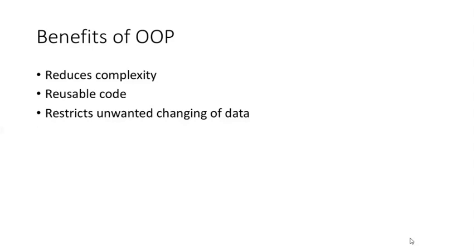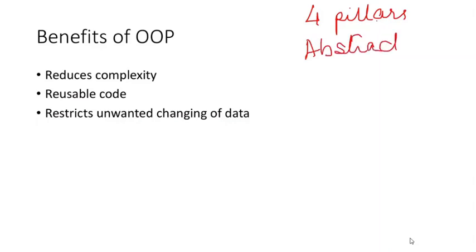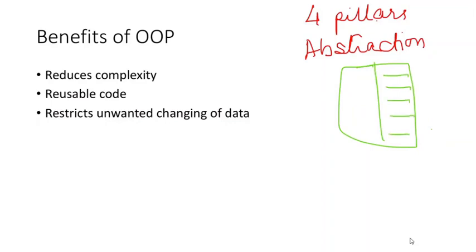So now let's see how the four pillars of object-oriented programming help in giving all these benefits. We have the four pillars. The first one was abstraction. Because of abstraction, certain things are hidden.